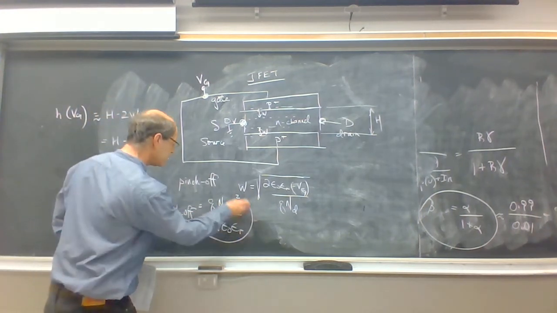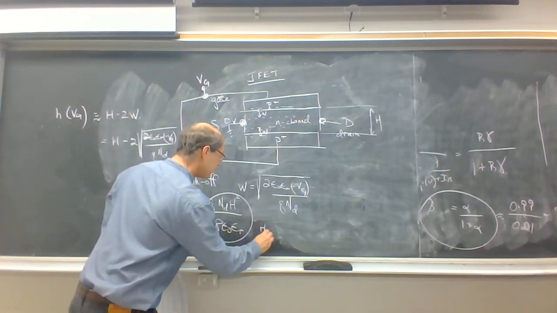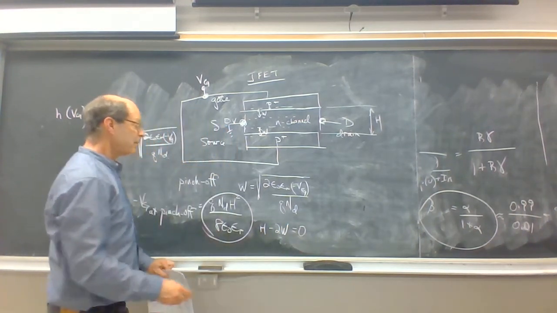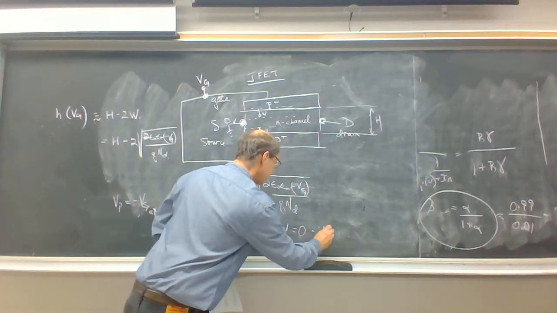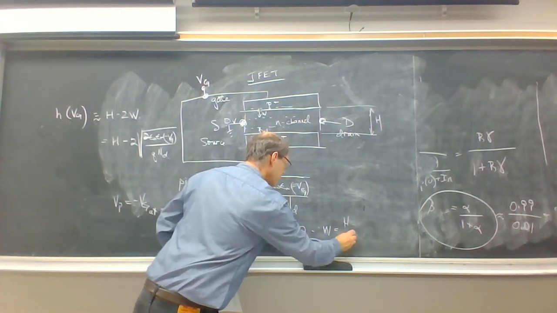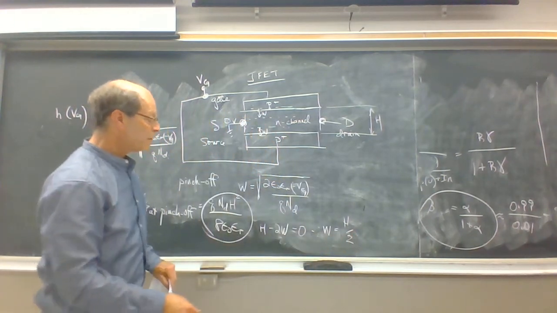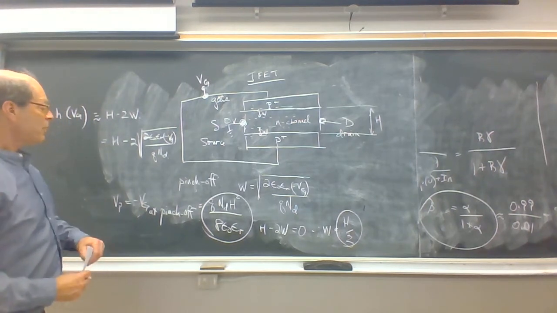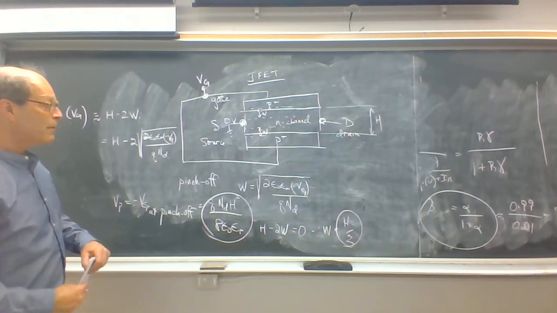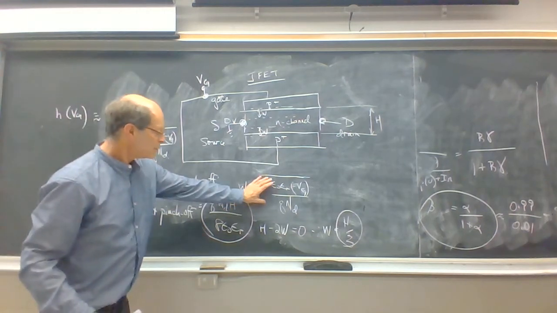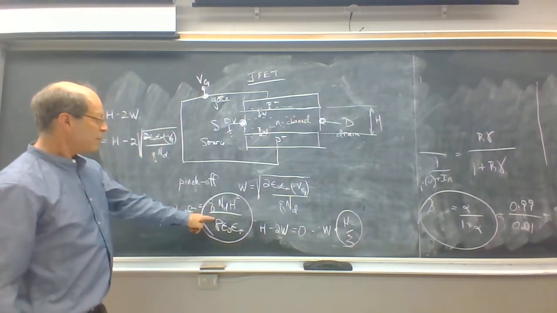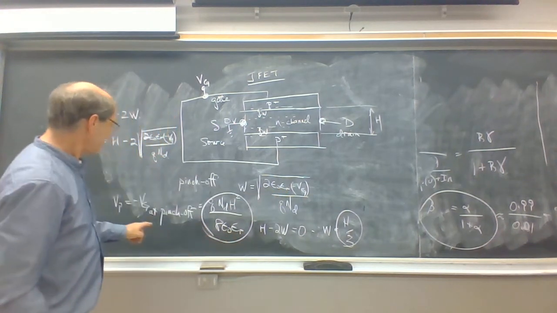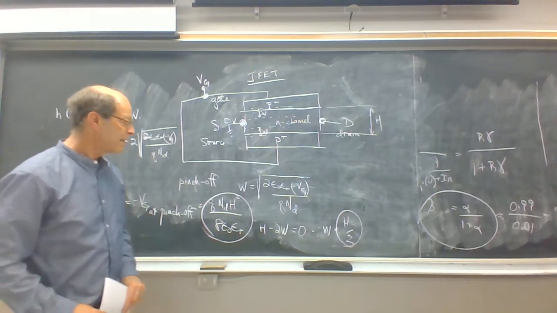So therefore W equals H over 2. If you plug H over 2 into the expression for W, you will get this expression and solve for the pinch-off voltage Vg.